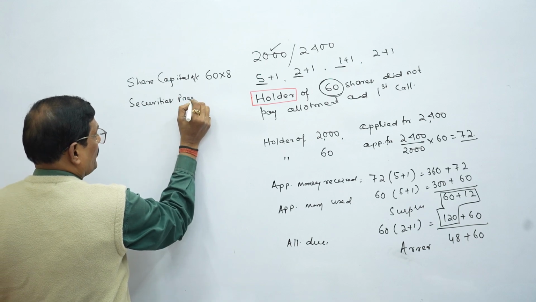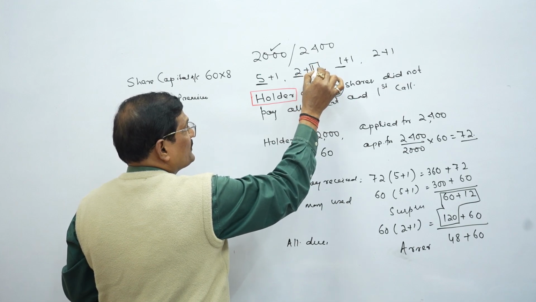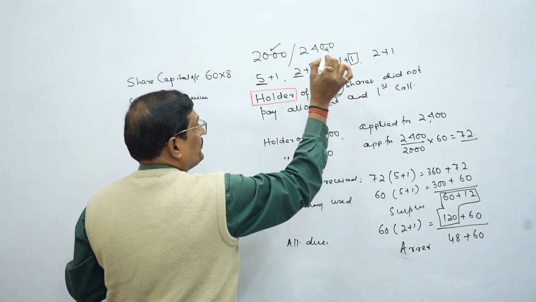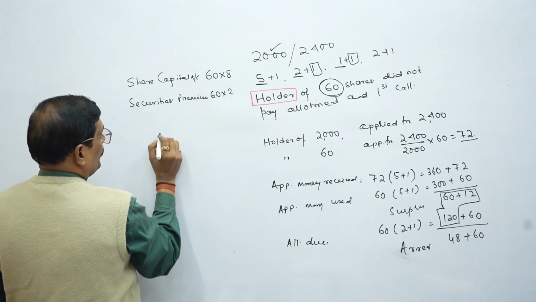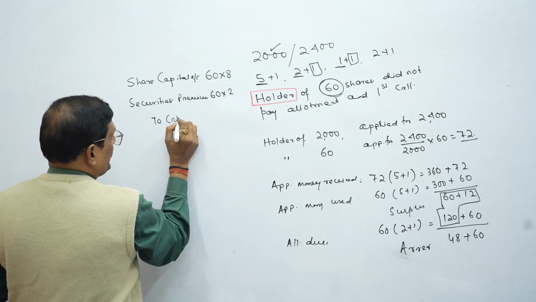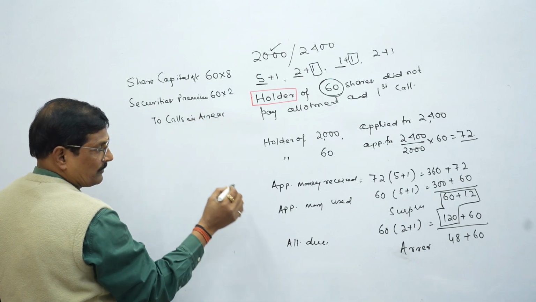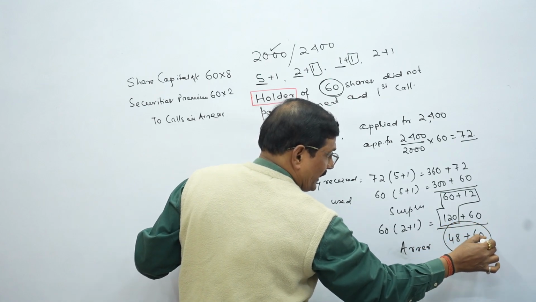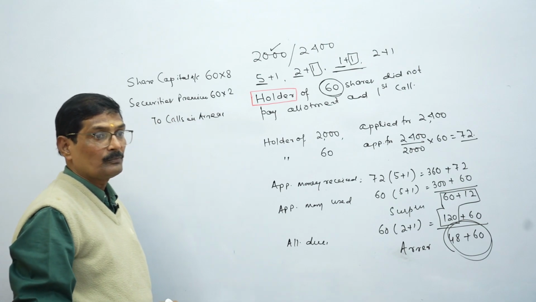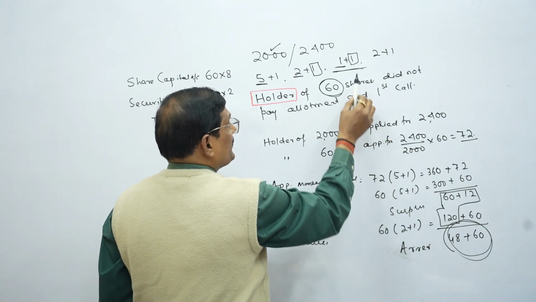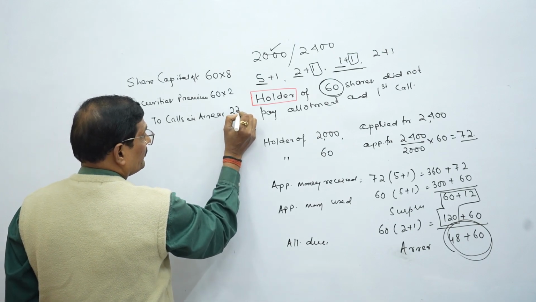Securities premium account debited, that is we have not received this 1 rupee and we have not received this 1 rupee, 2 rupees. 60 into 2. 2 calls in arrear, due but not received. How much? We have not received this 108 and we have not received this amount also. 108 plus 120, that is 228.